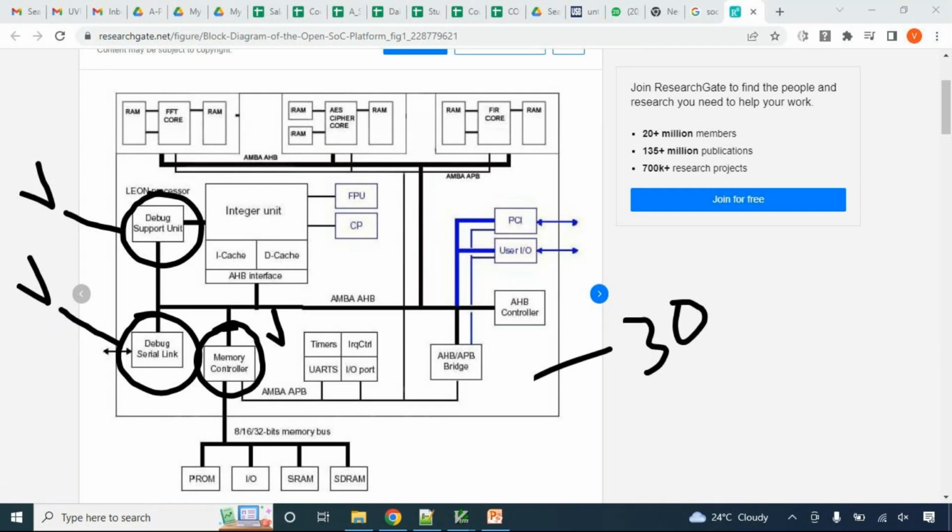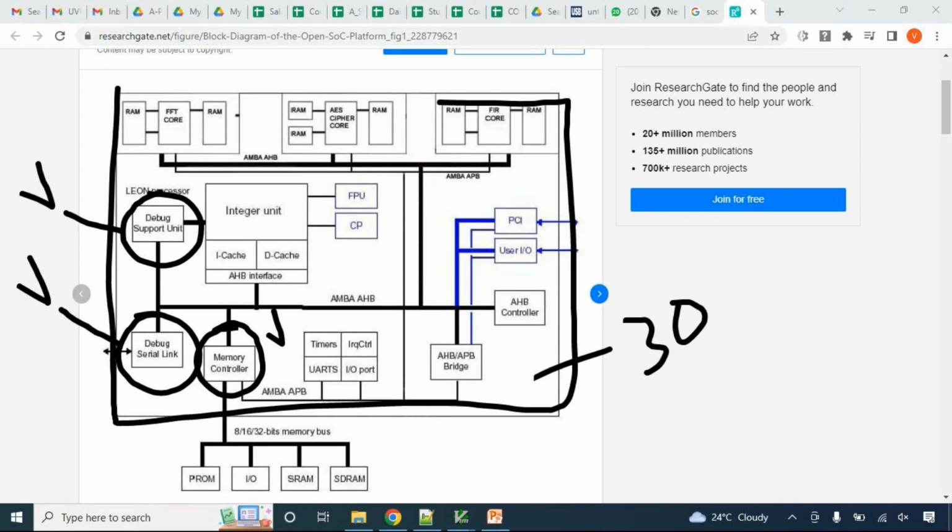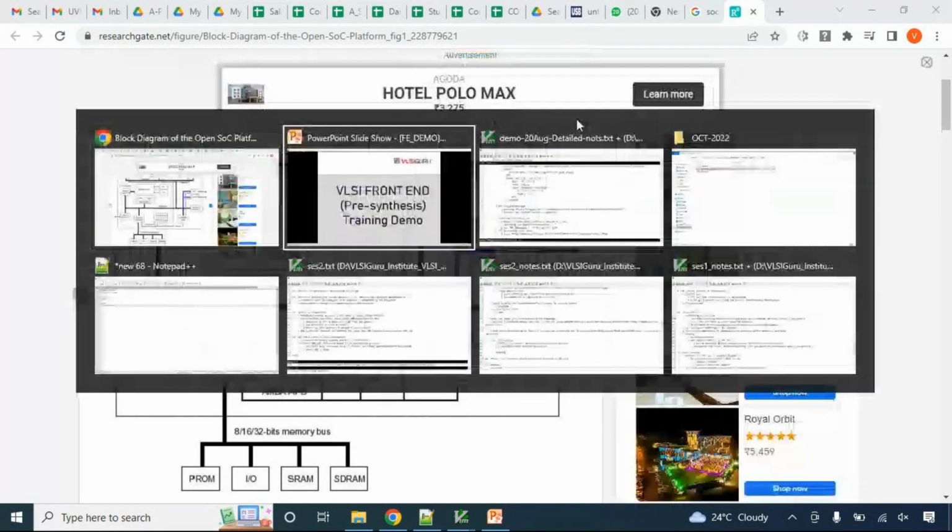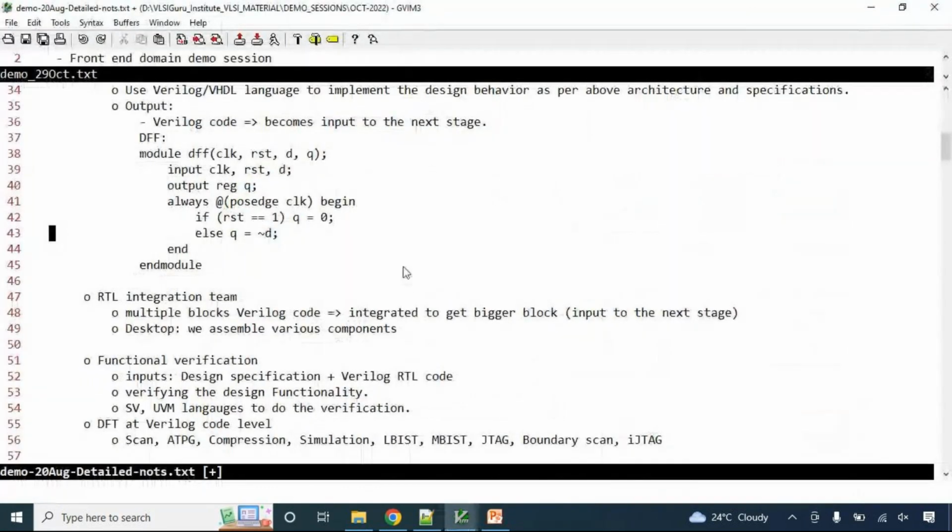Now we need to put together everything to get one entire big block. That job is called integration. You're integrating everything. Once this integration is done, we need to verify whether whatever has been coded has been done properly. For example, while coding the D flip flop, I have made a mistake.